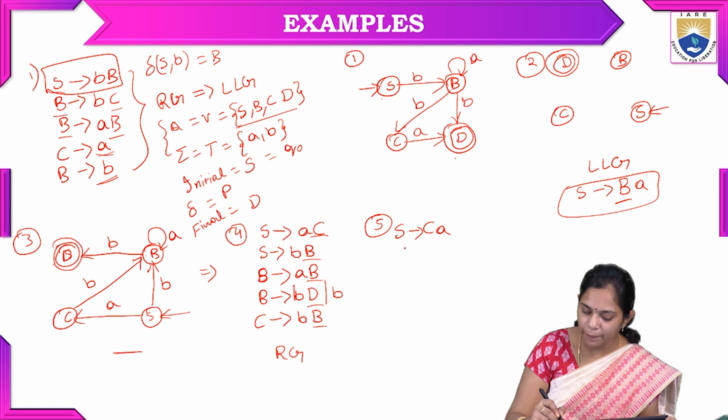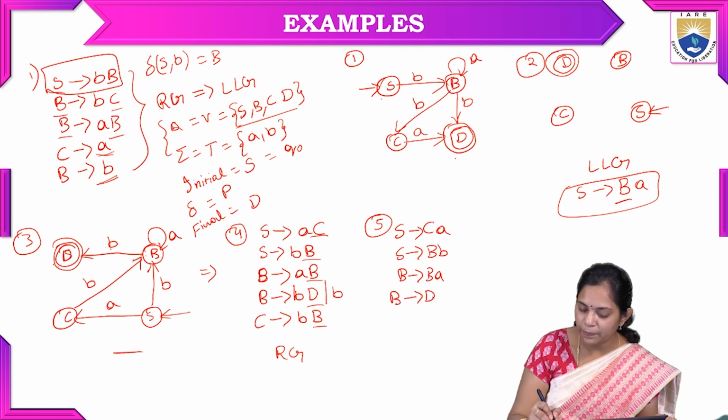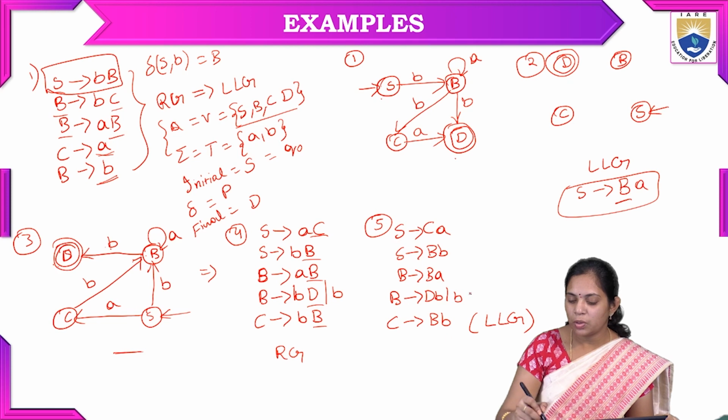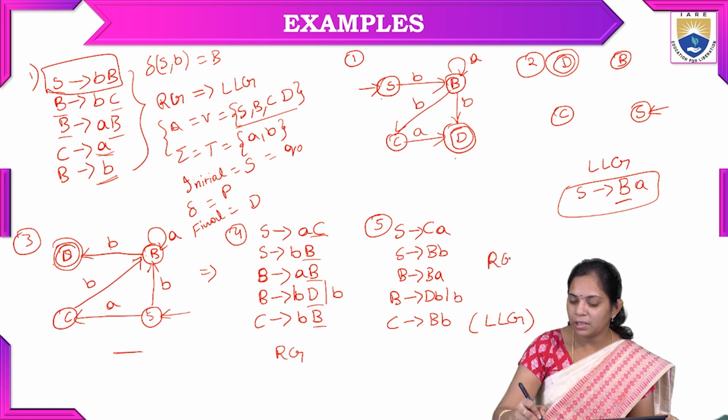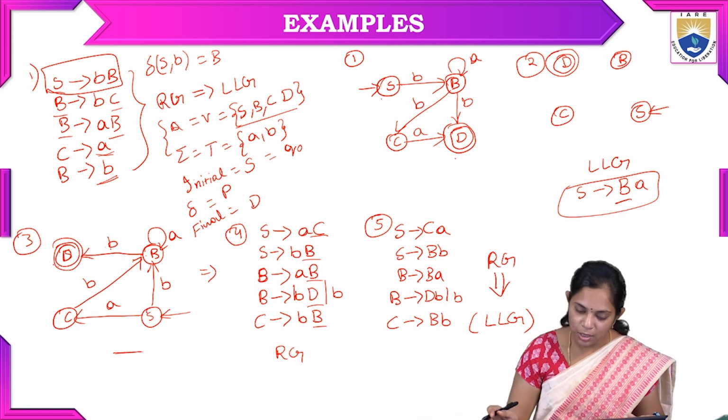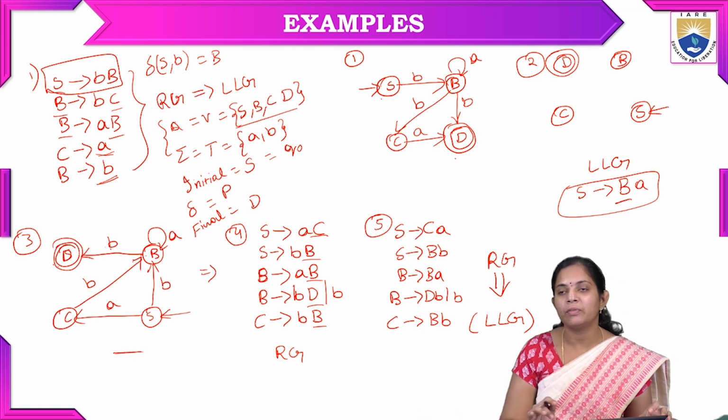So S tends to C A, S tends to B B, B tends to B A, B tends to D B, and C tends to B B. So this is how we converted the given regular grammar to a left linear grammar. This is the procedure how to convert a given regular grammar to a left linear grammar.